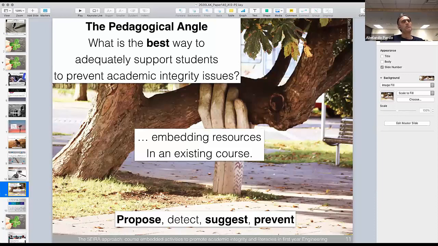The other thing that I wanted to mention before getting a little bit more into the description of the project is that we have a very strong pedagogical angle here. We decided to explore what is the best way to adequately support students to prevent these academic integrity issues. And this is reflected in that word at the bottom of the slide that says propose. We are very strong believers that learning analytics in itself is not a solution.